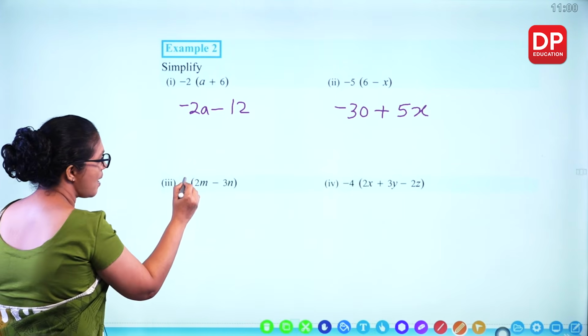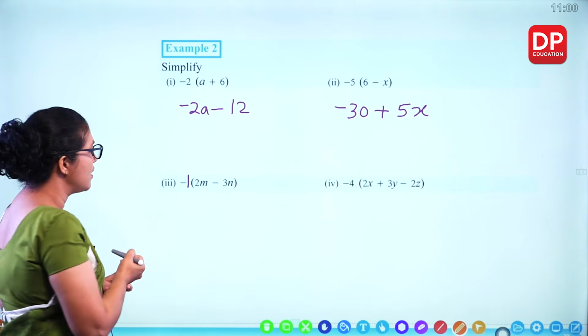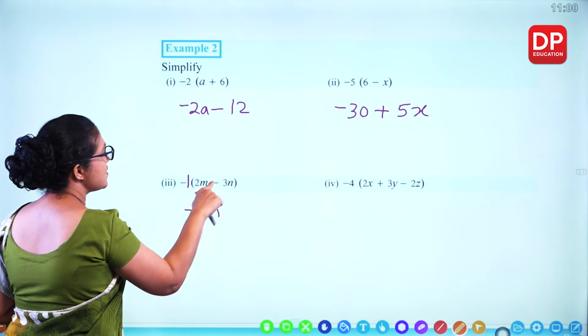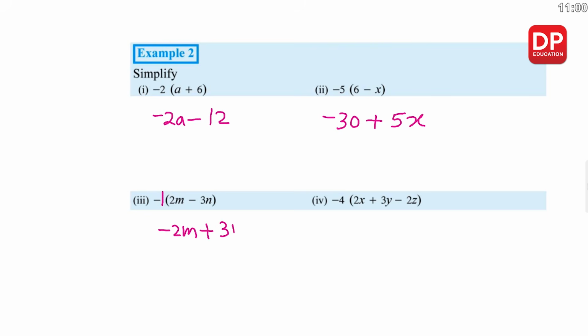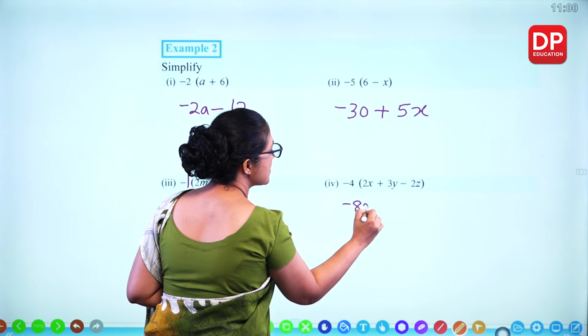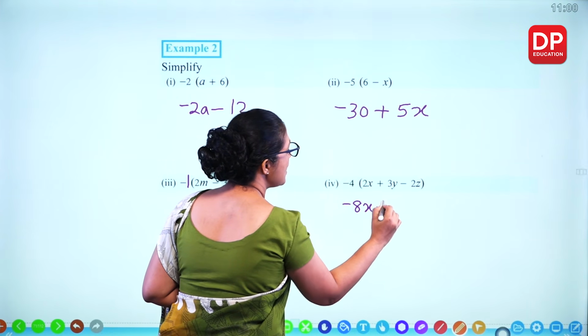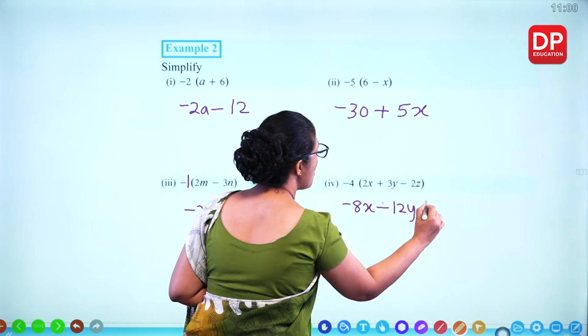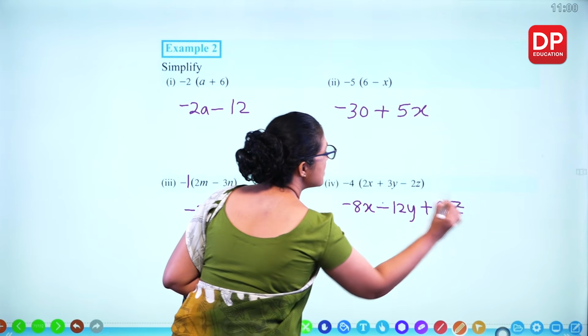This one, nothing there, means this is just like 1. Minus times 2m, minus 2m. Minus into minus plus 3n. This one, minus 4 times 2, minus 8x. Minus 4 times 3, minus 12y. Minus 4 times minus 2, plus 8. See.